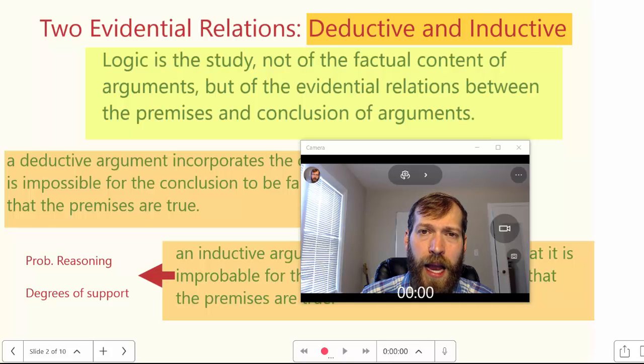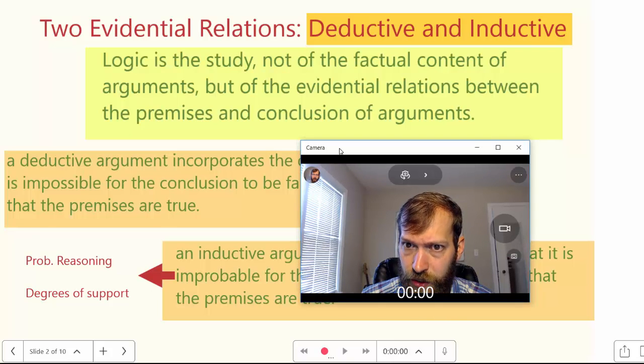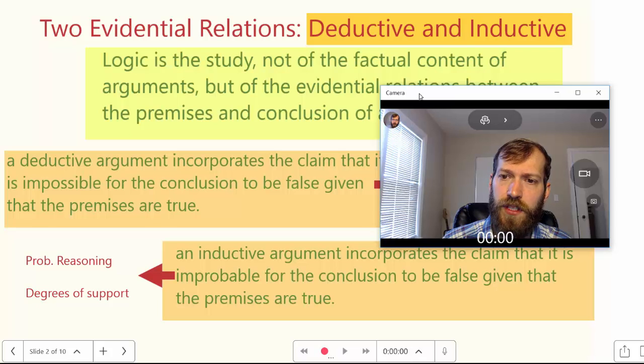We'll be happy to allow certain other special fields outside of logic to tell us whether premises are true or false. We, though, are going to focus on whether the conclusion really does follow from the premises as the argument purports it does. And as I've said, there's two styles. There's the deductive style and the inductive style.